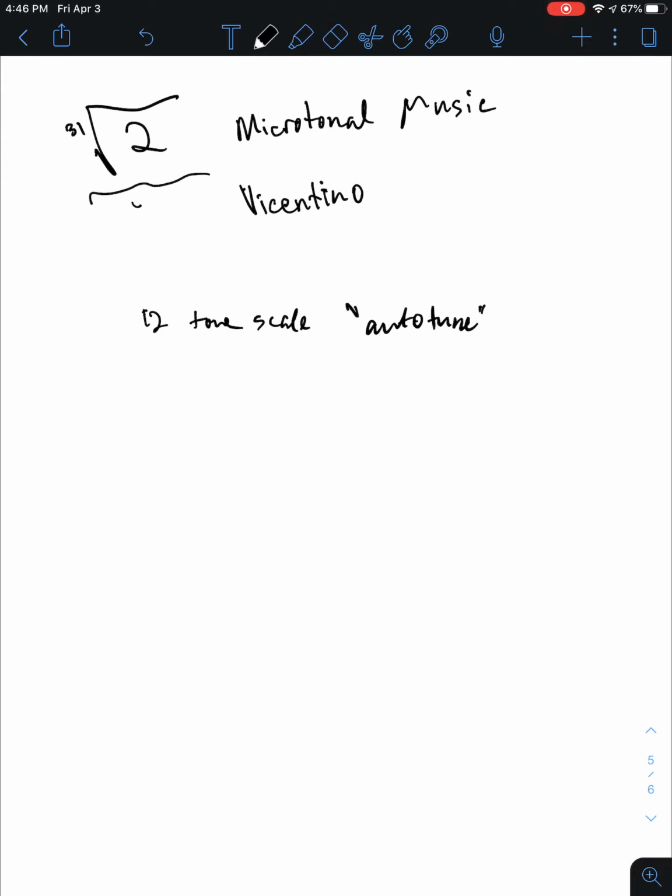So anyway, this musicologist, whose name I'm forgetting right now, it's in the notes on the course, used auto-tune to correct. He got his singers to sing in a 12-tone scale and then used auto-tune to correct them to match Vicentino's music. There are, I think, 4 or 5 pieces linked through the website.